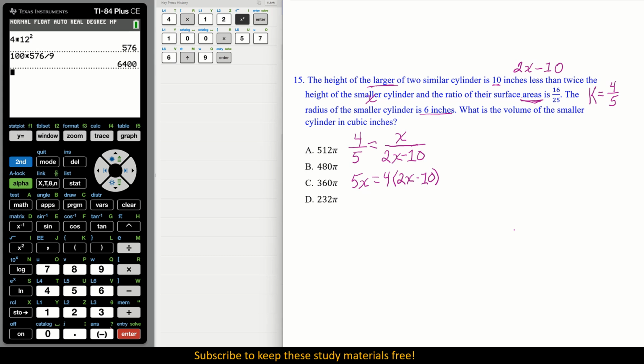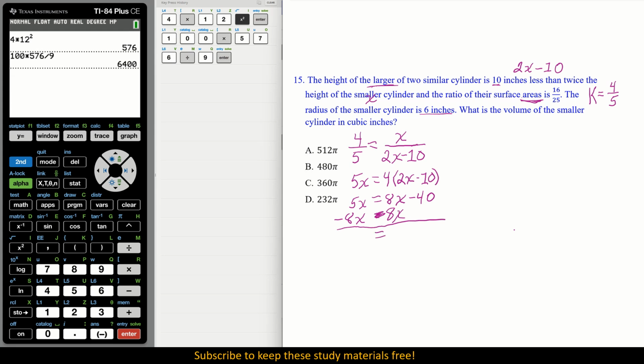Okay, now we have to distribute. So we have 5x equals 8x minus the 40. Now we need to do some subtraction. Okay, so I'm going to say minus 8x and minus 8x from both sides, okay, of the equal.